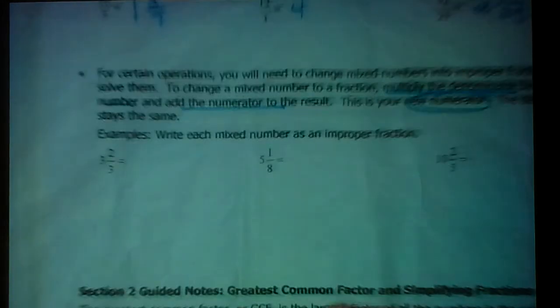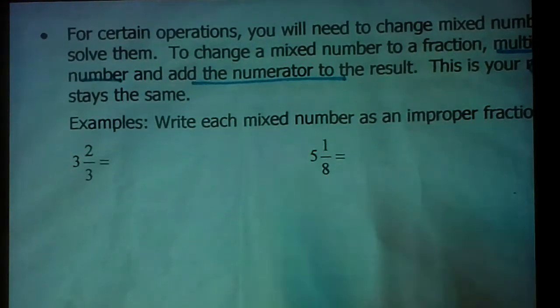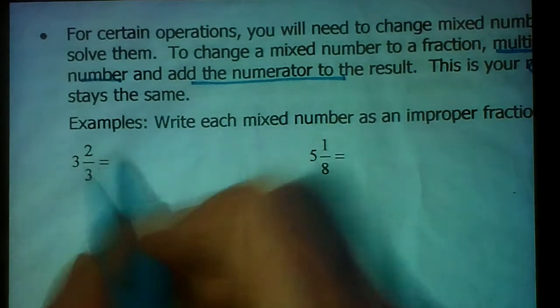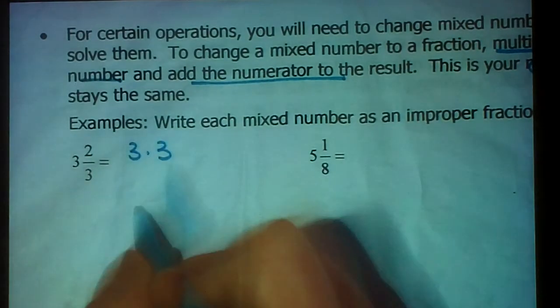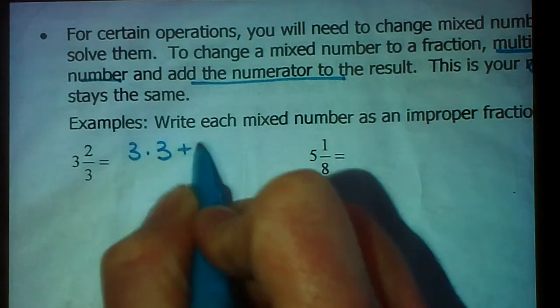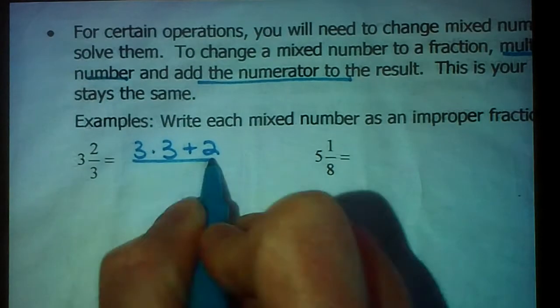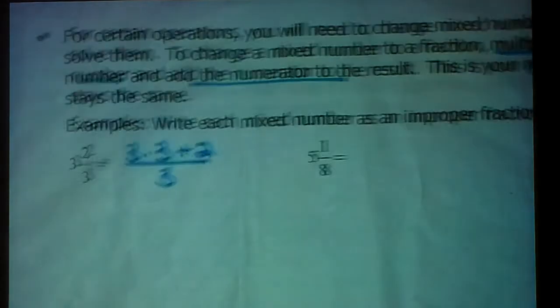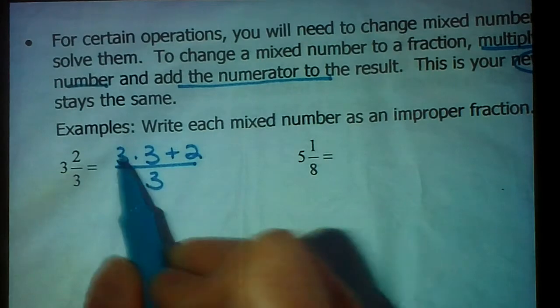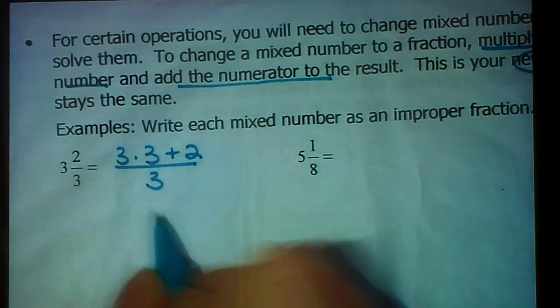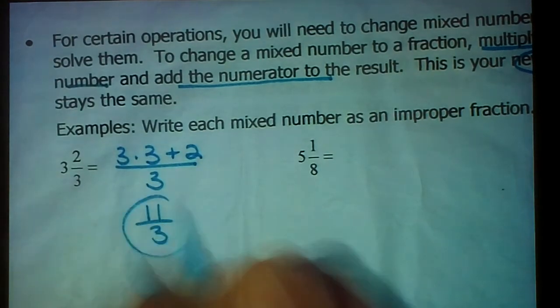So let's try 3 2/3. Step 1, multiply the denominator by the whole number, add the numerator to that, and your denominator stays the same. 3 times 3 is 9, 9 plus 2 is 11, so 11/3.